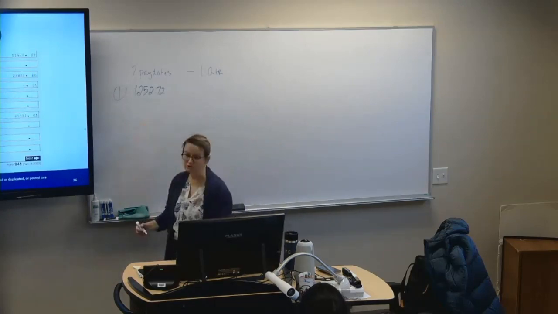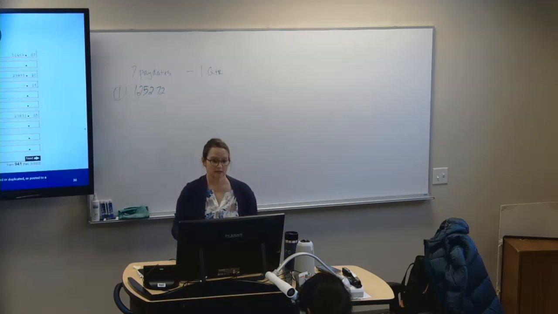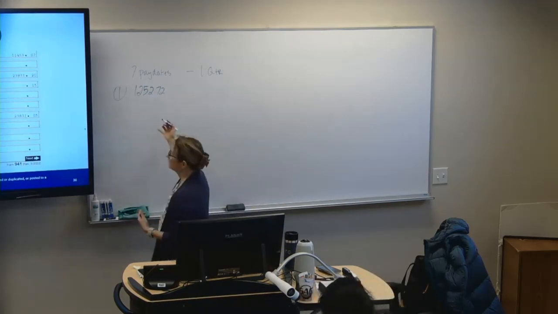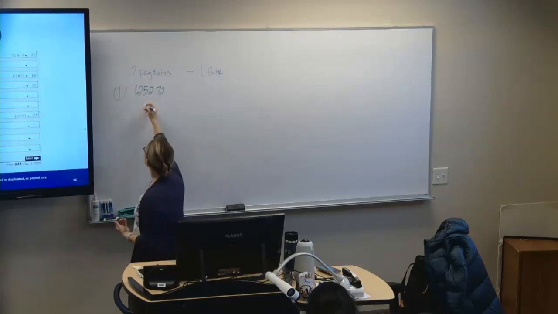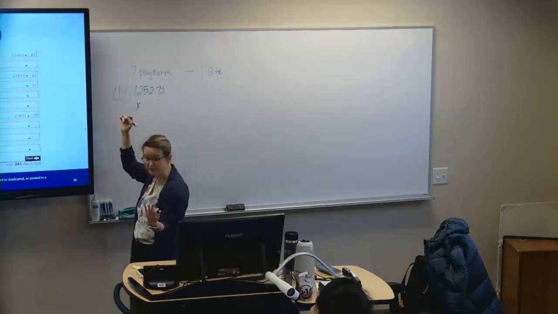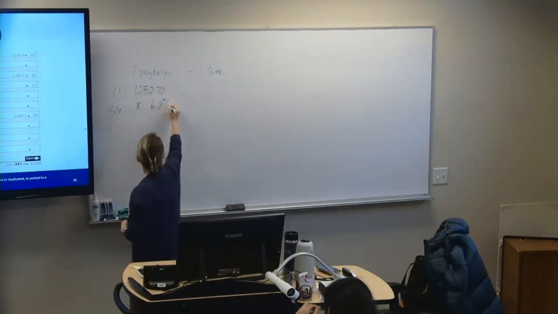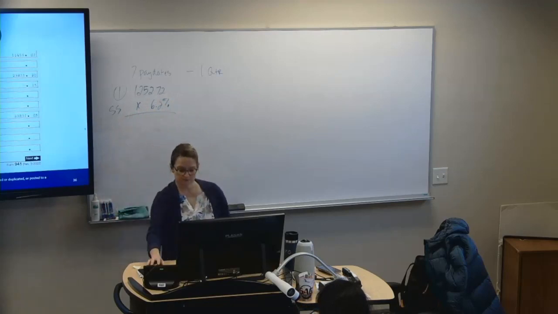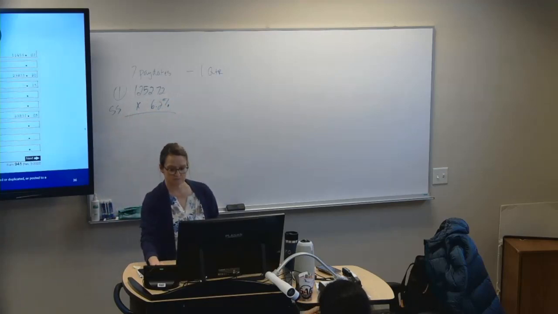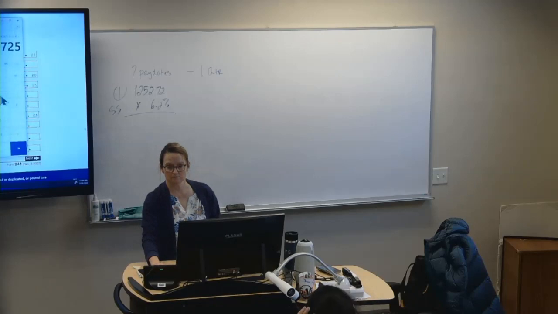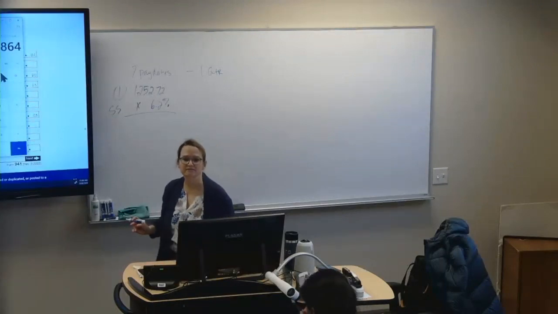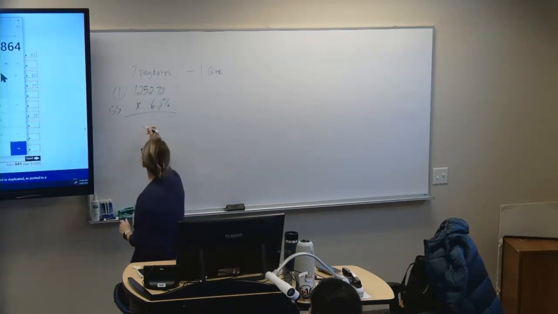So to figure out how much Social Security and Medicare tax is due for each pay date, we would multiply this times, for the employee's portion of Social Security, 6.2%, right? So 1252.72 times 6.2% is 77.67.